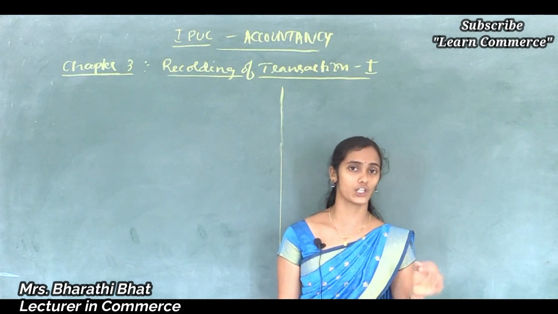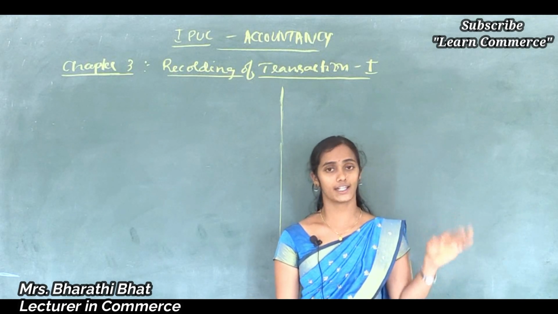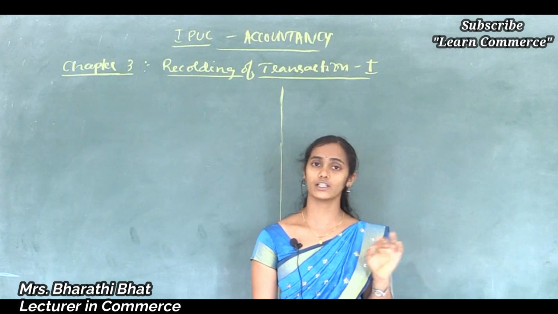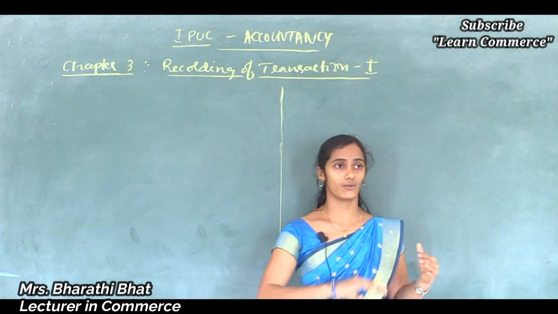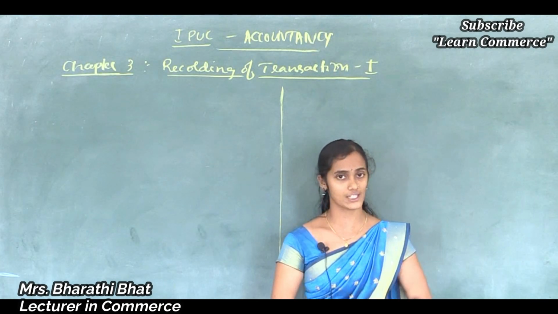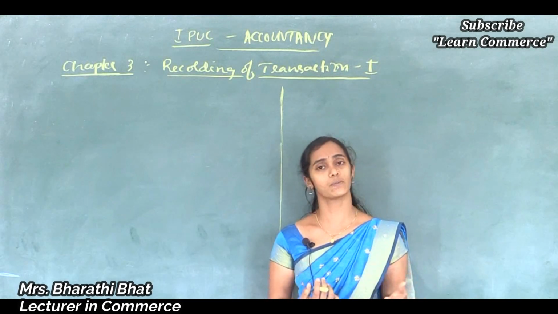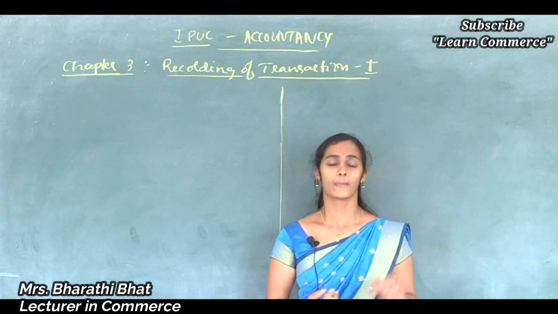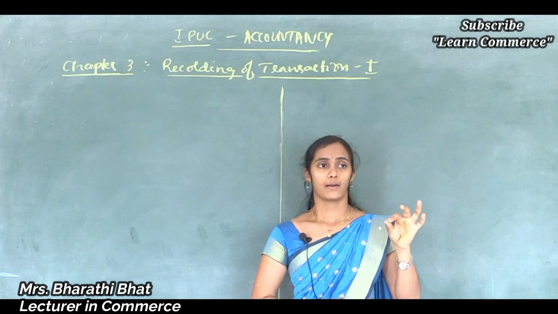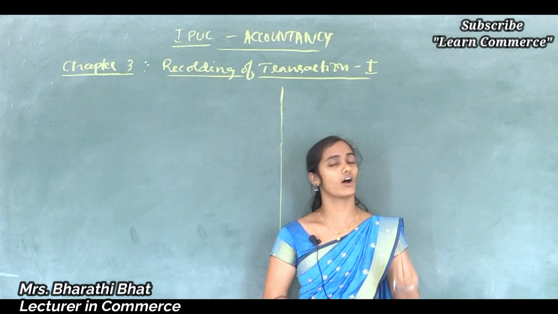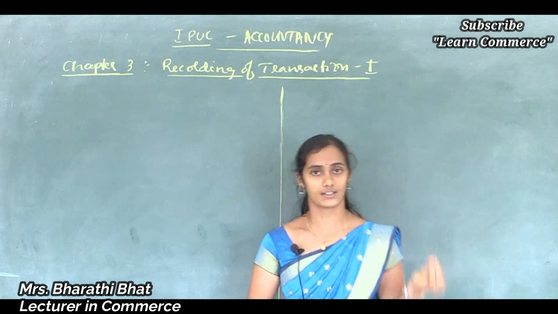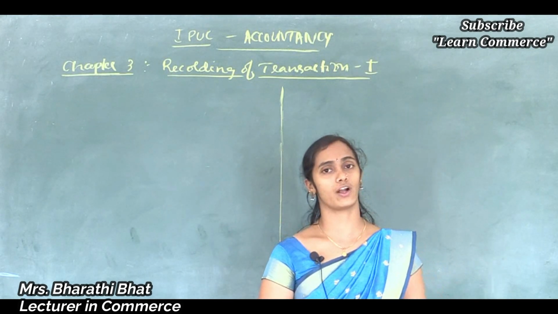I told you, documentary evidences, that is vouchers. Voucher means what? Invoices, bills and all. Based on those bills or invoices, we can record the transaction in the books of accounts.